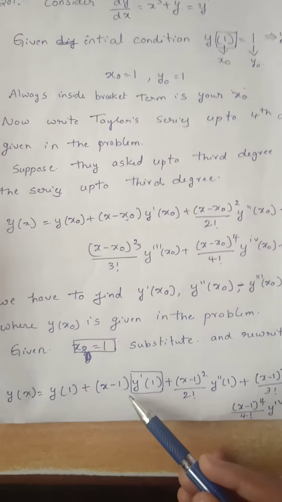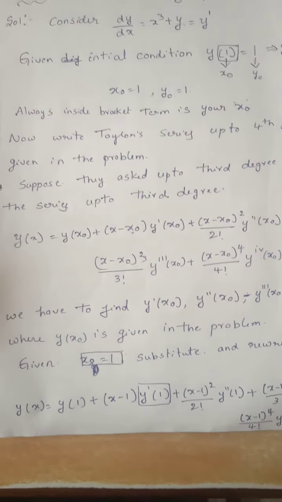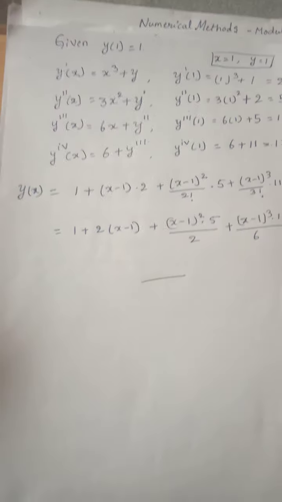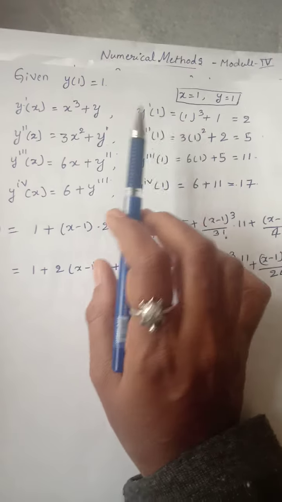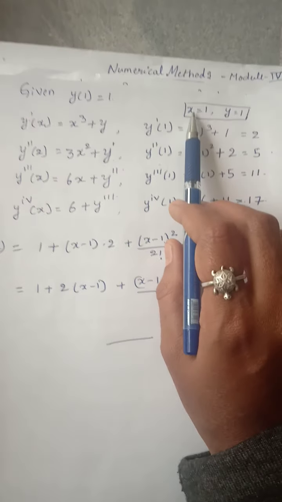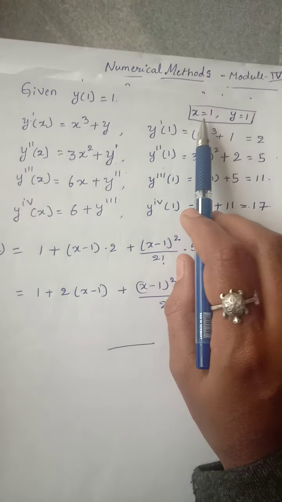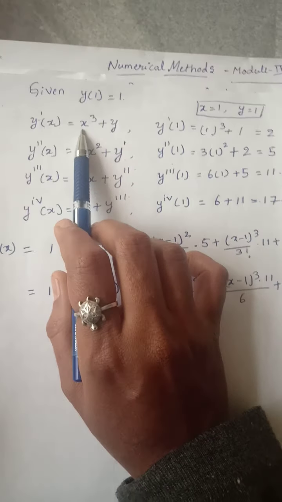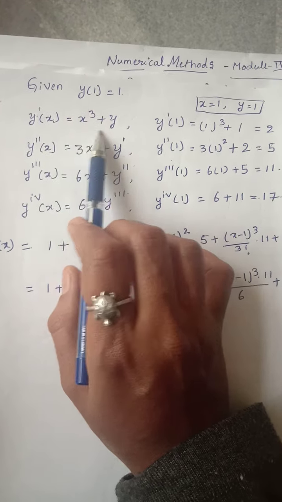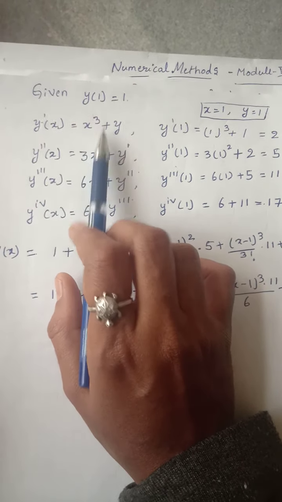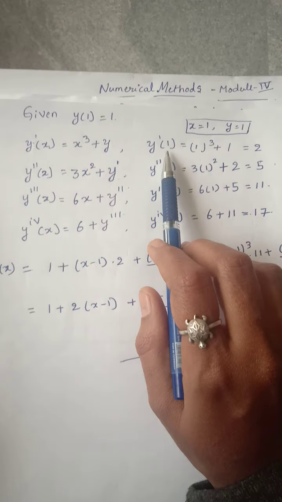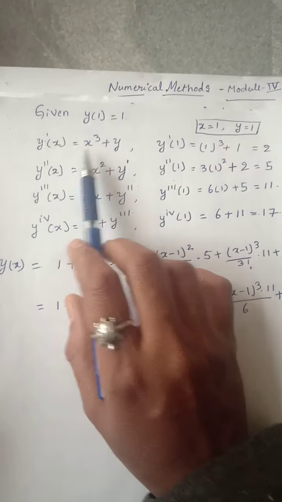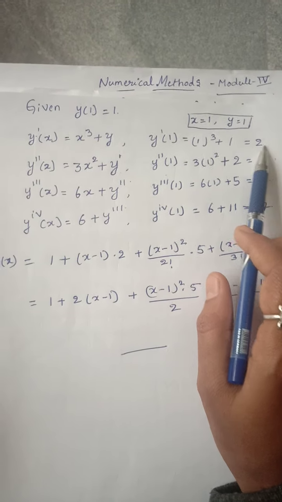Now while doing the differentiation and after substitution, we consider the initial condition as x as 1 and y as 1. Now substitute here, y dash of x they gave, no need to do the differentiation, one time differentiation they gave here. And y dash of 1 becomes 1 cube plus 1, which is 2.